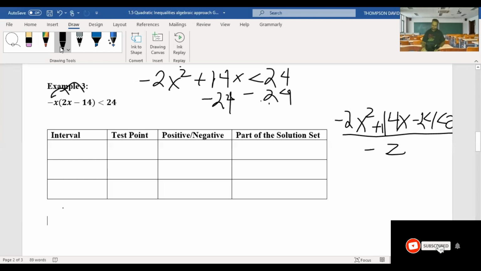So that would put a negative 2 in front, and we have x squared minus 7x plus 12 is less than 0. We do have to flip the inequality since we did divide everything by a negative.